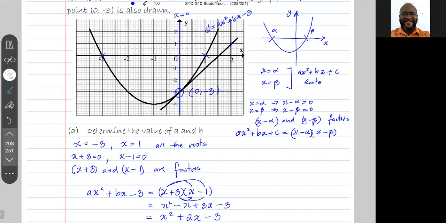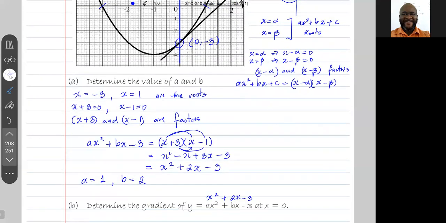This point also is on the tangent, and this is the point 2, 1. I need 2 points on the tangent so that I can calculate the gradient of the tangent, and I'm calculating the gradient of the tangent because the gradient of the tangent is equal to the gradient of the curve.